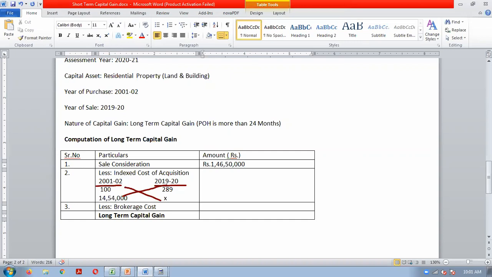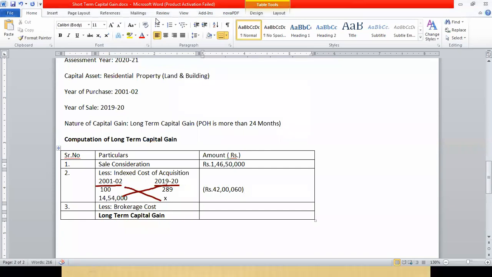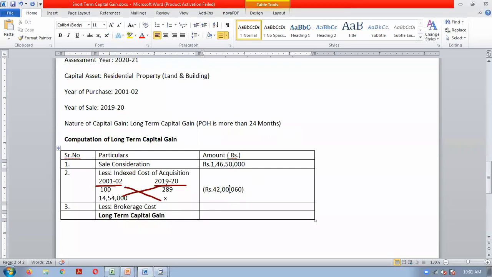Indexed cost will be 42 lakh 2060. Okay.